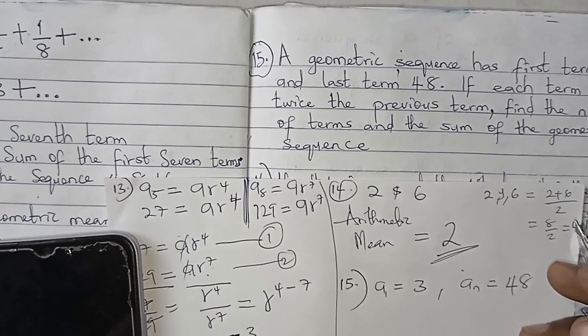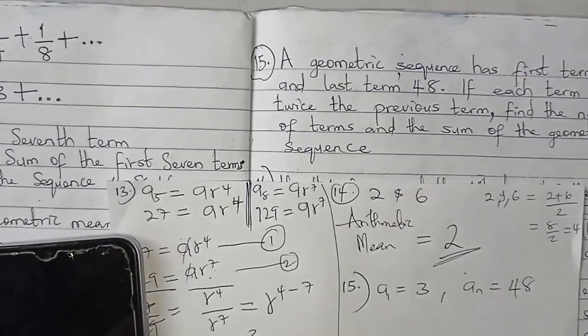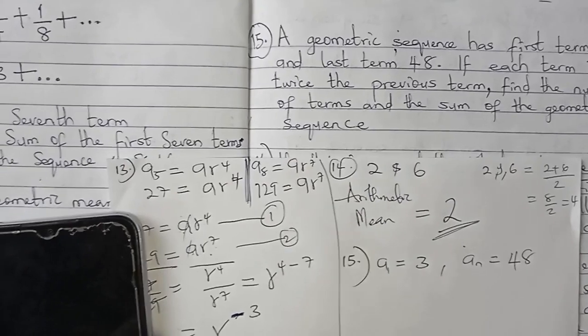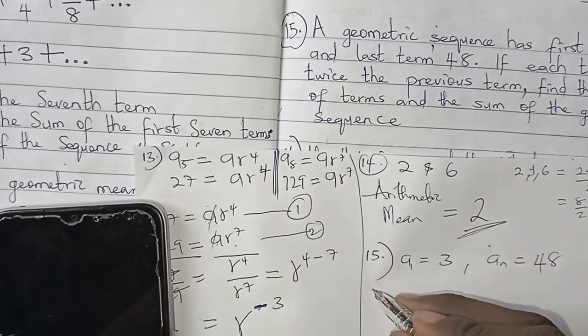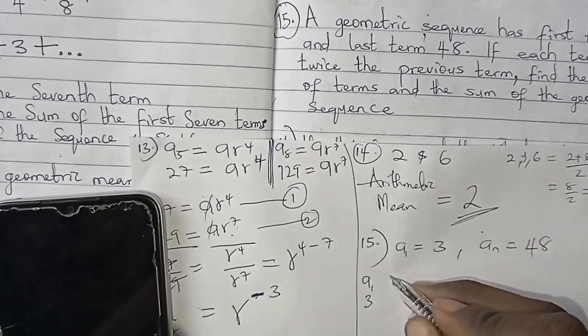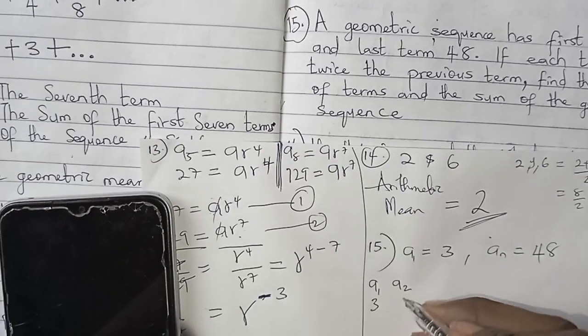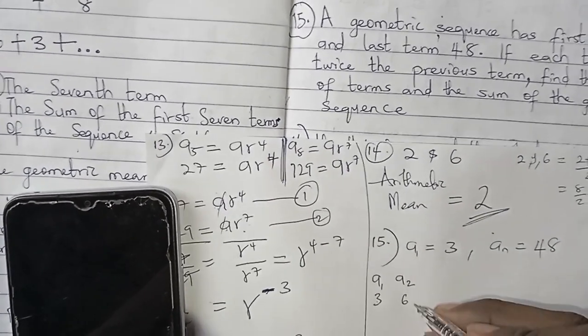If each term is twice the previous term, let's say A1 here is 3, then the second term should be twice the previous term. So 3 times 2 is 6.